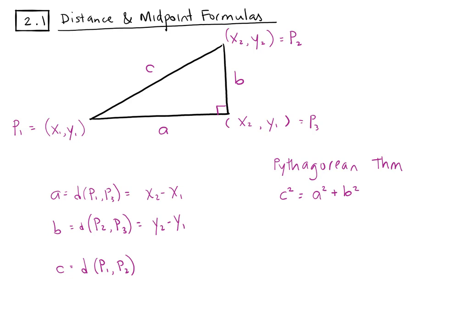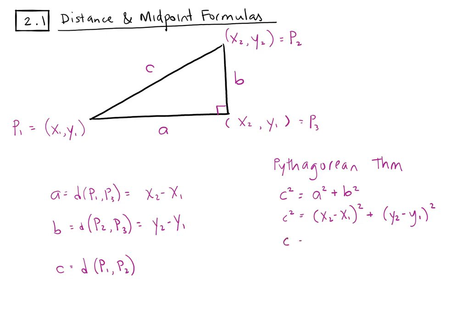I'm going to replace the a with x2 minus x1. I'm going to replace the b with y2 minus y1. And you say, there we go, that's giving us c squared, but I don't want c squared, I want c. Well, then I'm going to square root both sides.